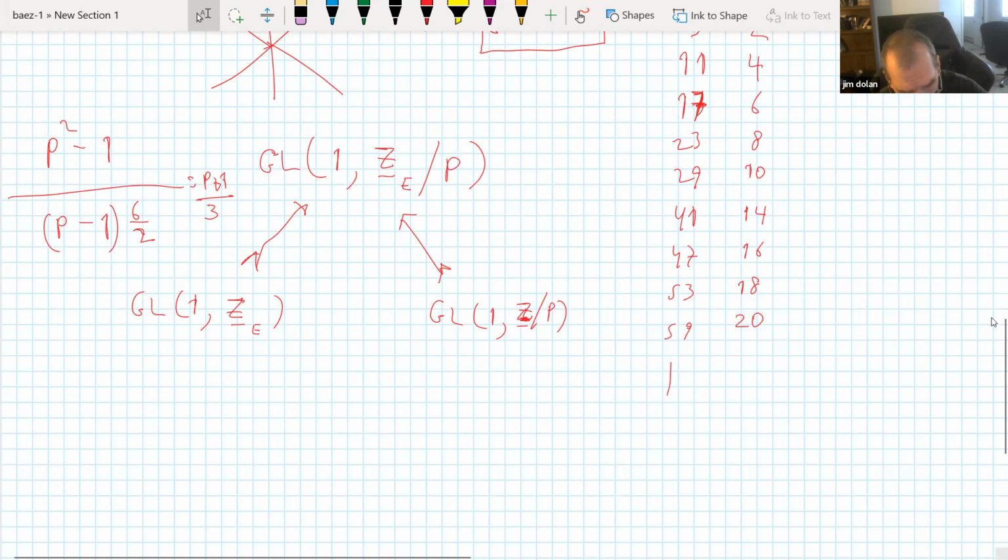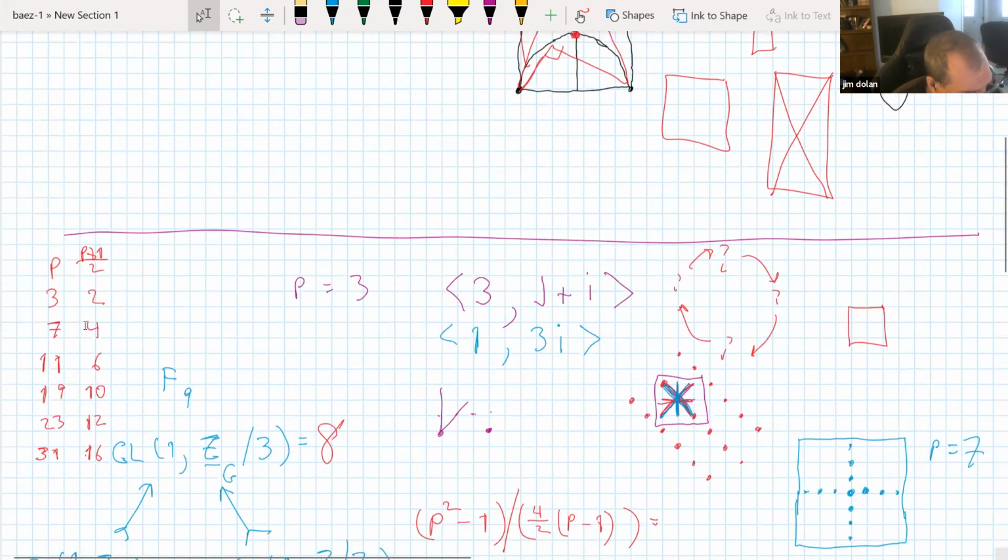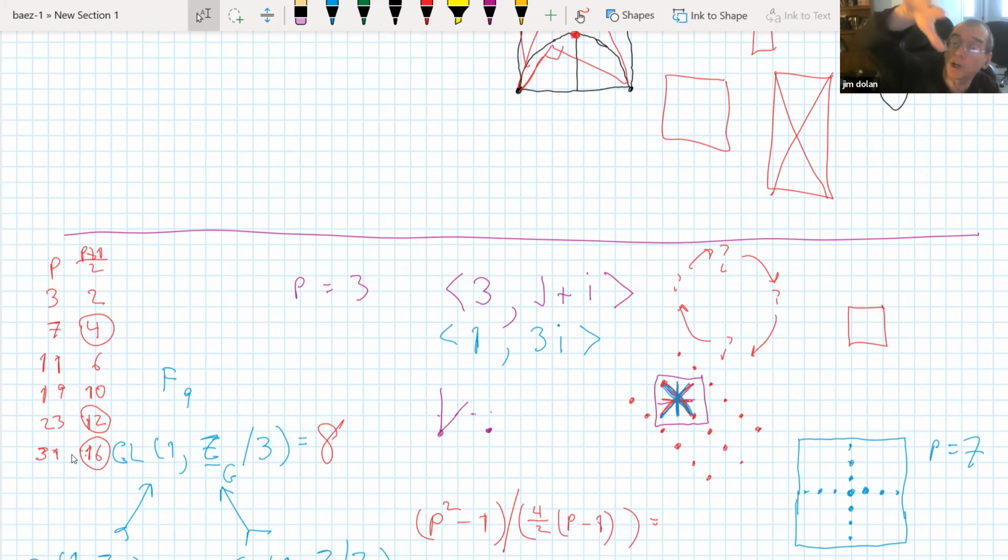So looking at my little table here, I'm circling the ones that are divisible by 4. I'm hoping that for those designs, the ones where this is divisible by 4, so the Galois group, it looks like there's some quartic extension of the Gaussian integers that's acting non-trivially there.